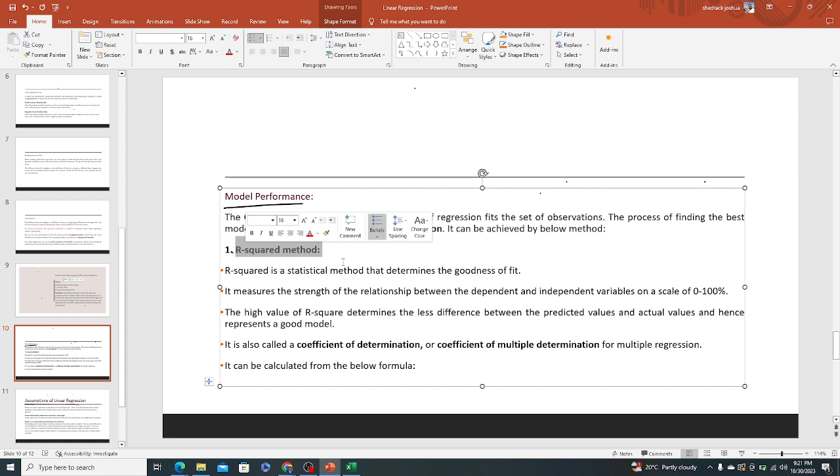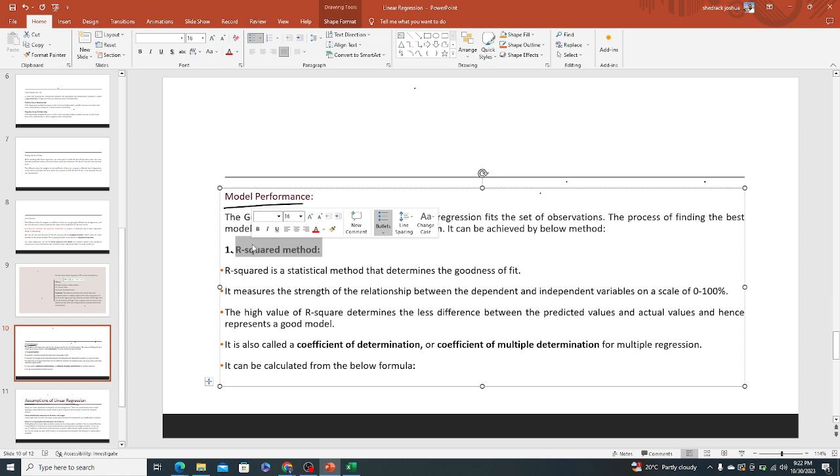That is for simple linear regression, and adjusted R squared is for multiple linear regression. R squared is also known as the coefficient of determination. That is for simple linear regression, and if you are dealing with multiple linear regression, you will talk about the coefficient of multiple determination.